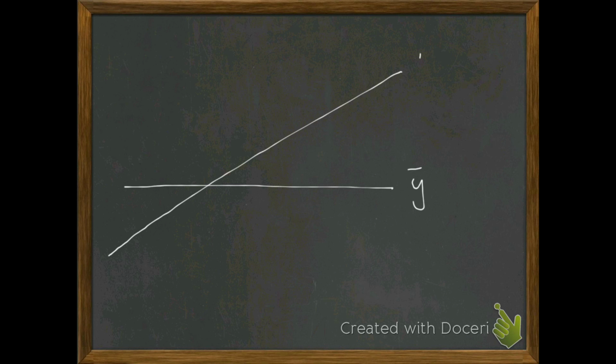So if we look at the mean and we look at the prediction, and we have a particular y value, the distance from here to here is our total. That can be partitioned into two parts.